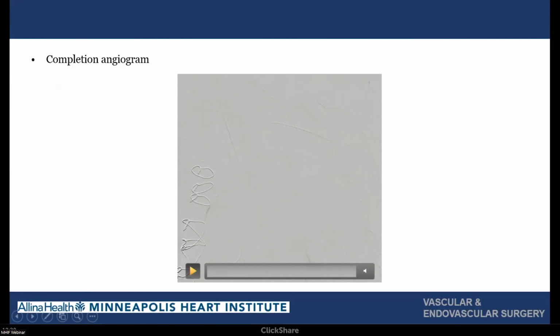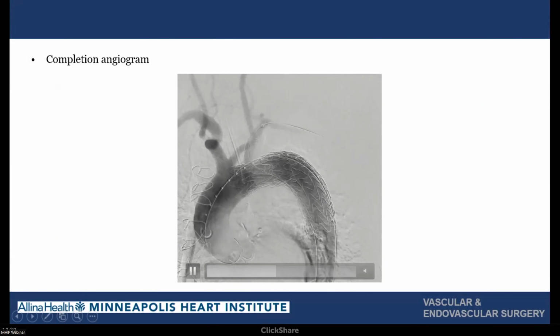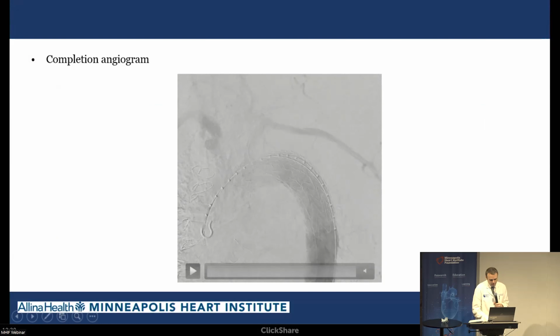There we go. So you can see the innominate artery and common carotid artery have a common orifice there, and the left subclavian artery is well perfused, with good apposition of the stents there. The operation took about an hour and 50 minutes, took 30 to 40 cc's of contrast, and the patient left the next day.